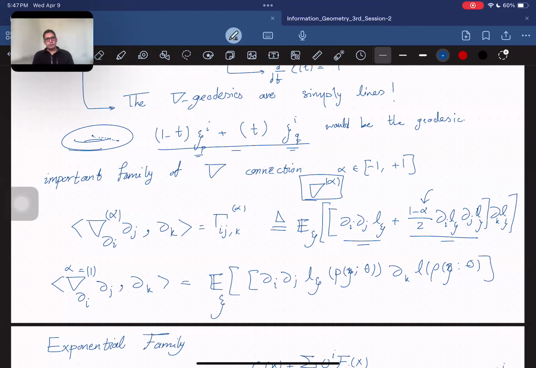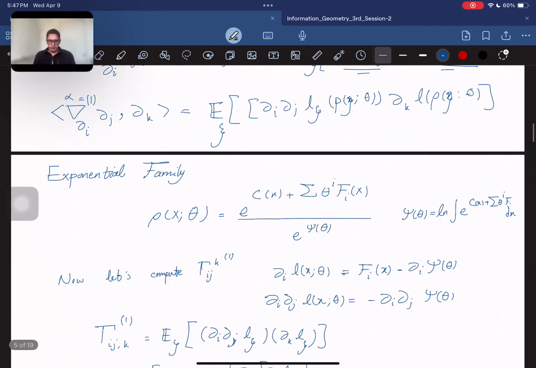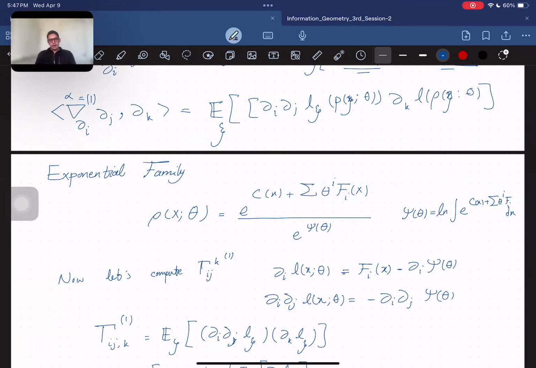So this is so overwhelming. Let me first compute this affine connection for the exponential family. For example, consider the exponential family as follows.